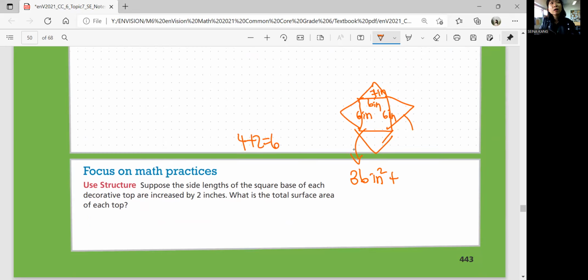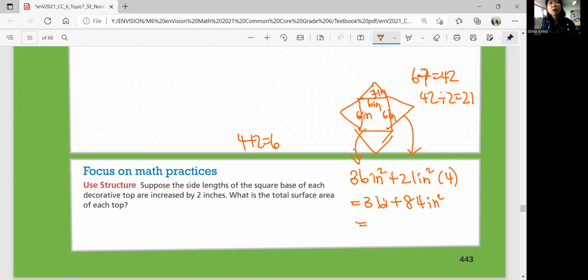Plus the area of the triangles would be 6 times 7 divided by 2. 6 times 7 is 42 divided by 2 is 21. So 21 inches squared times 4 is equal to 84 inches squared. And so if you add them all up, 84 plus 36 would be 120 inches squared.